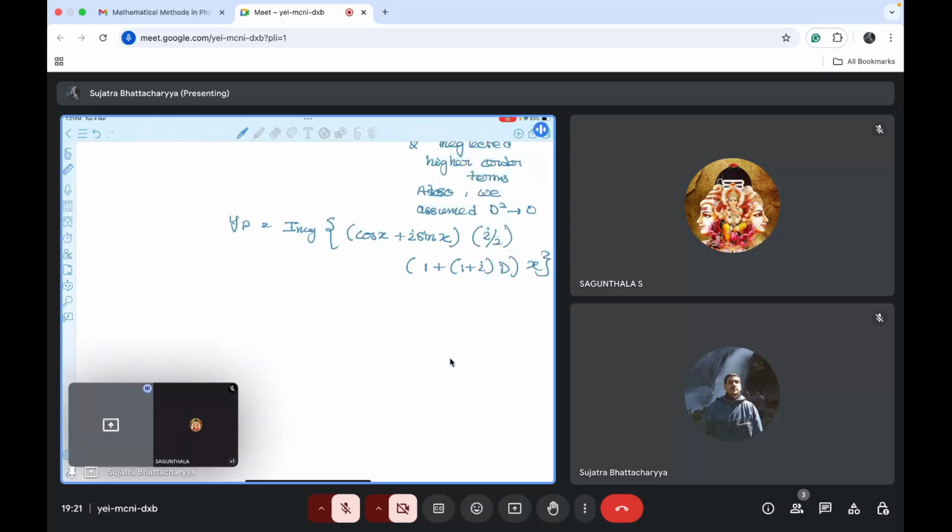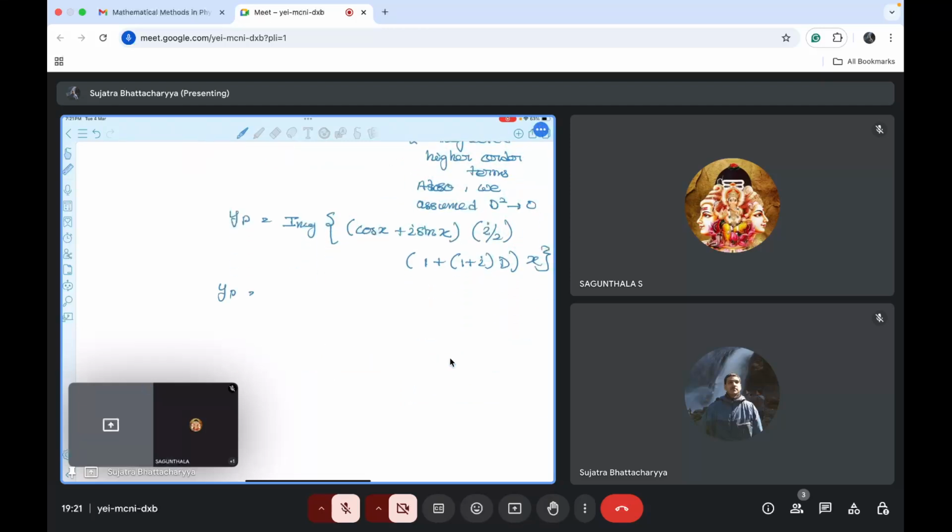Fine. Let's go to the next step now. Same imaginary part of. So it will be now iota cos x by 2, iota into iota minus sin x by 2, right? Into same 1 plus iota D x.